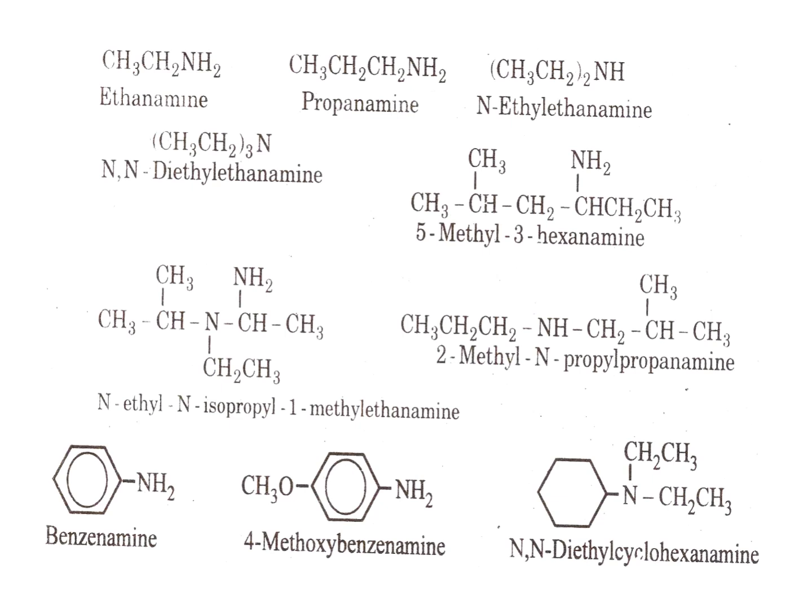This nitrogen, that is tertiary nitrogen, is connected to one ethyl group and one isopropyl group. So it will carry the name N-ethyl, N-isopropyl. The carbon that is sandwiched between two nitrogen atoms is also connected to one methyl group. So 1-methyl ethane amine.